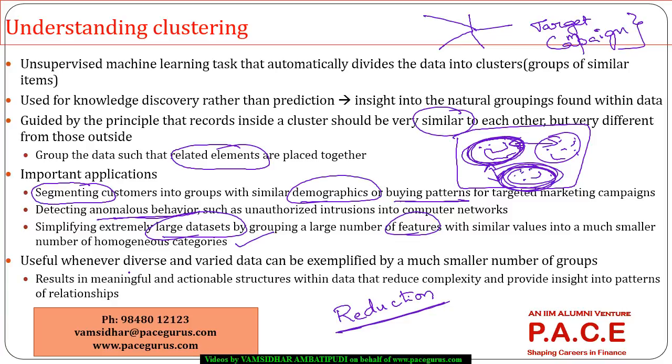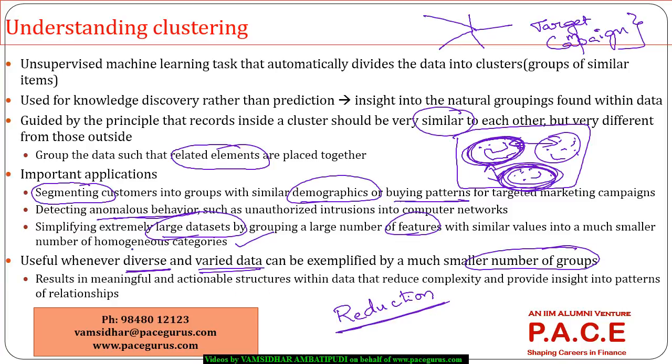Generally when I have fully diverse and varied data, and my objective is to reduce all that data into a few groups, so that a few thousands or few millions of records come down into a countable 5 to 10 groups of data altogether, this is where clustering will have a major role to play.